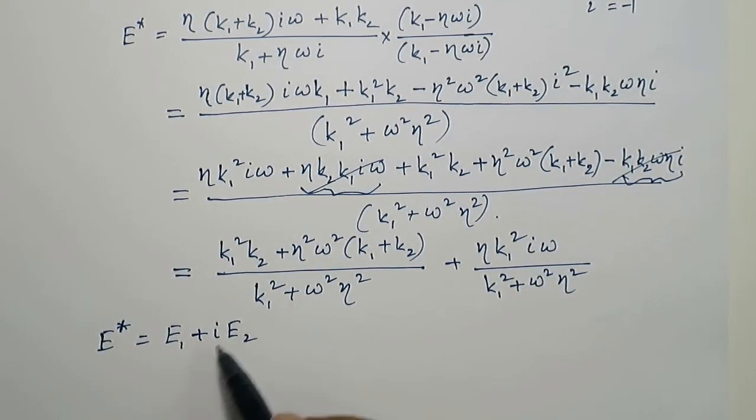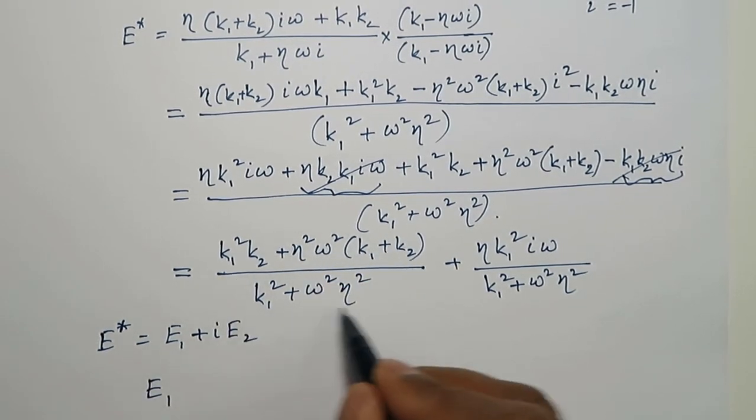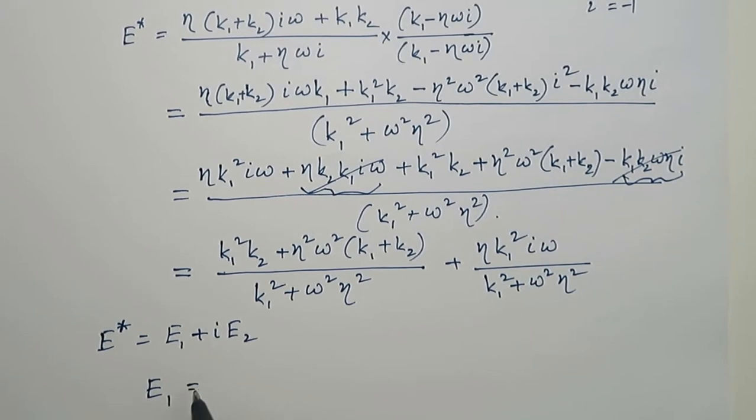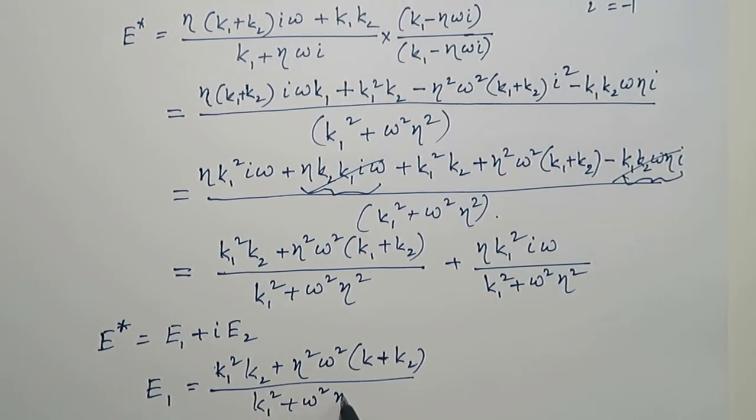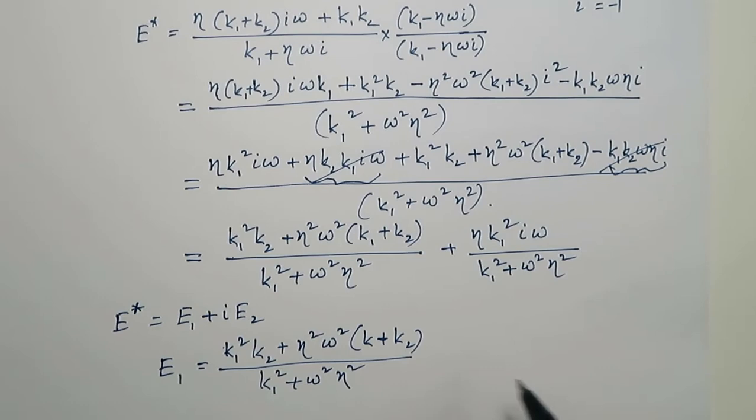So here by simple comparison we can write E1 as this expression, k1 square k2 plus eta square omega square (k1 + k2) over k1 square plus omega square eta square.